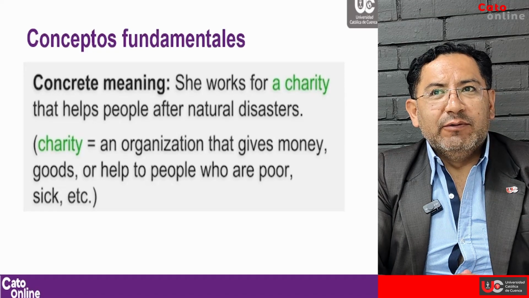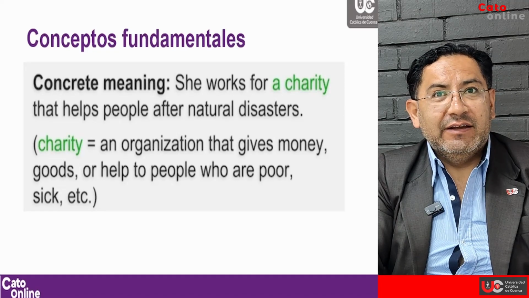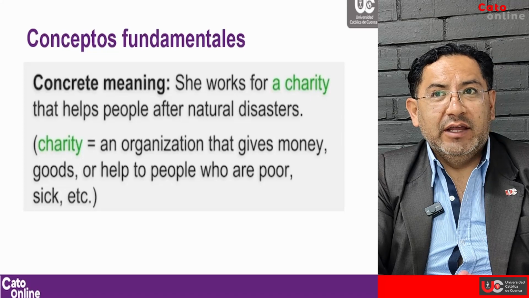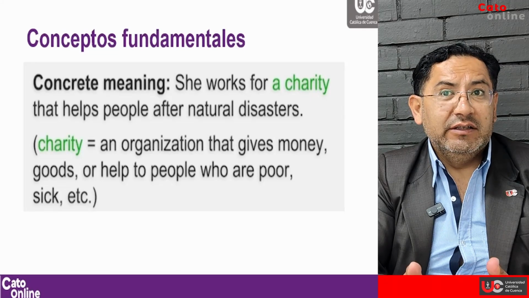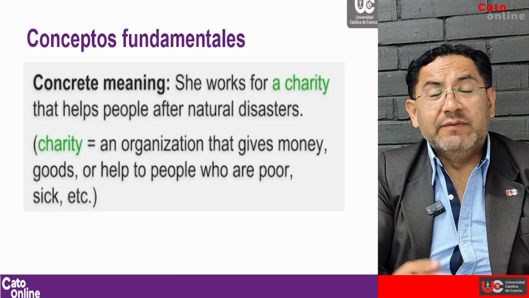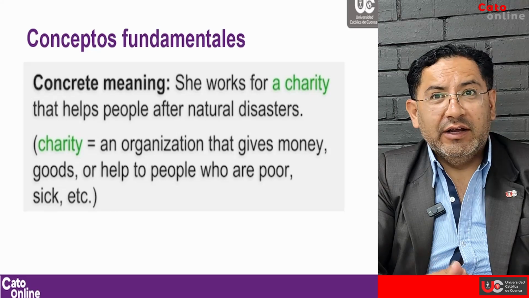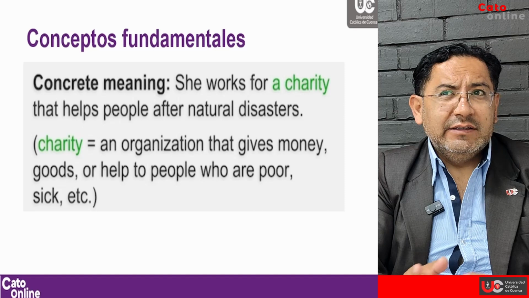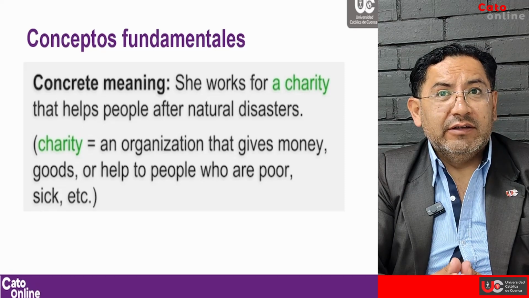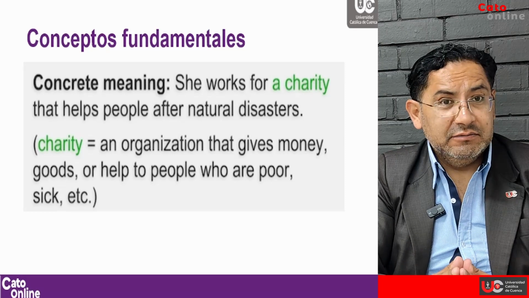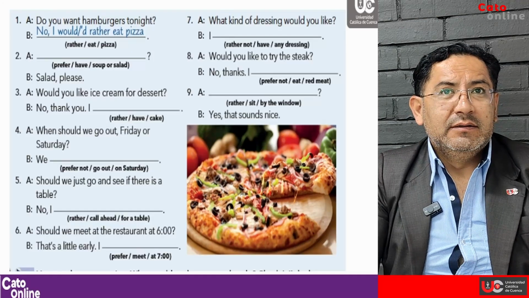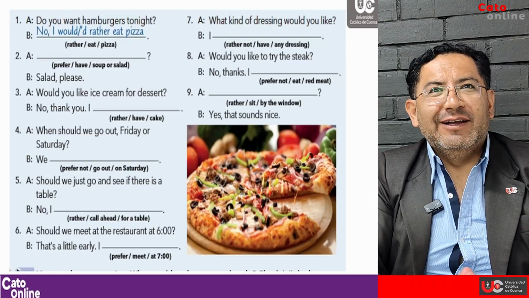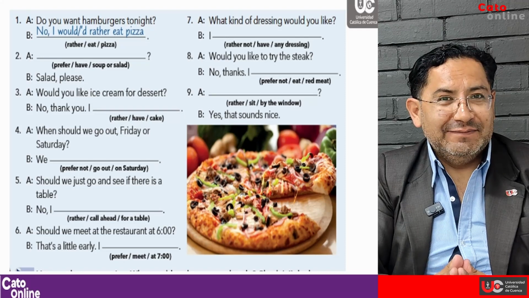Concrete meaning. She works for a charity that helps people after natural disasters. Charity, an organization that gives money, goods, or help to people who are poor or sick. That's the idea with this concrete meaning, no? Charity and organization, okay? Next, we are going to analyze this conversation, okay?